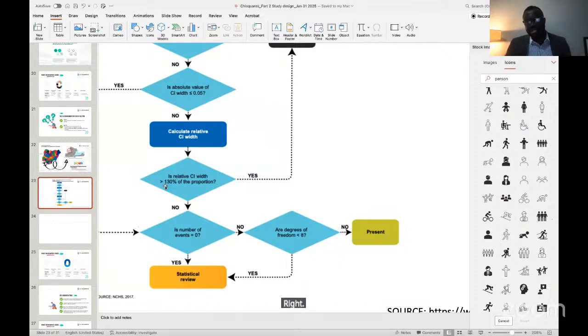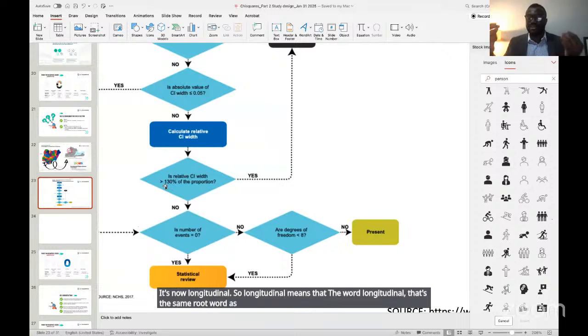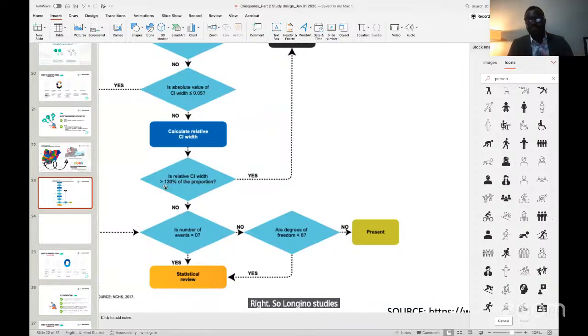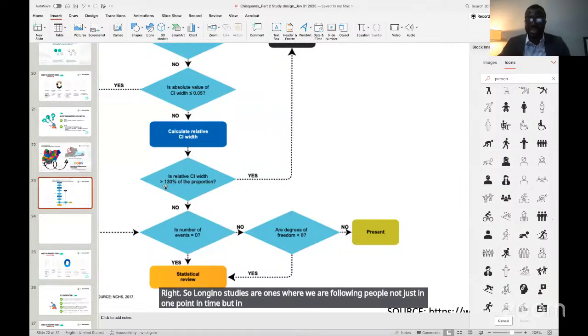It's now longitudinal. The word longitudinal has the same root as longitudes. When we talk about longitude and latitude, it means a long period of time, right? So longitudinal studies are ones where we are following people, not just at one point in time, but over time. So we want to mind our nomenclature.